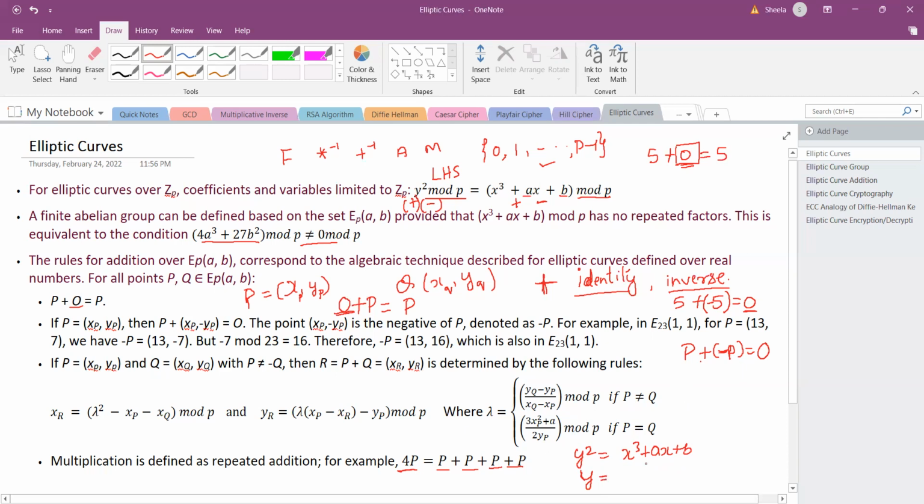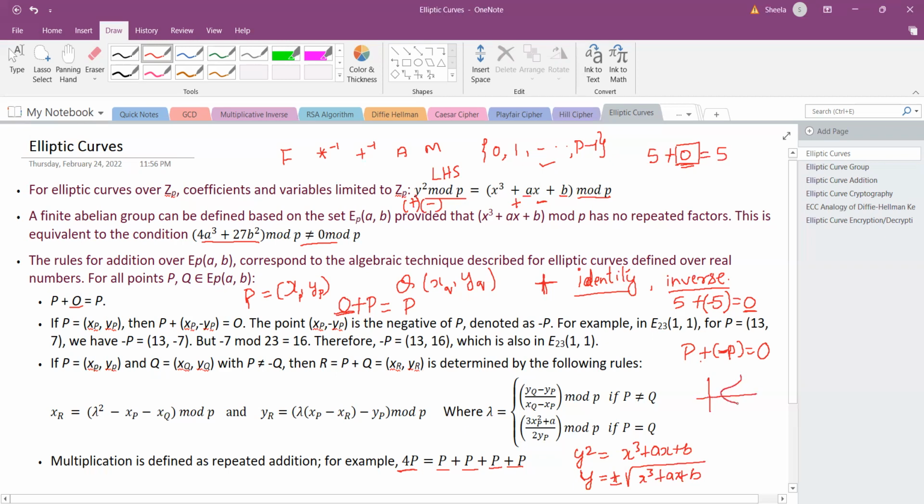So I can express y as plus or minus the square root of x cube plus ax plus b. So this indicates that the elliptic curve is symmetric over the x-axis.